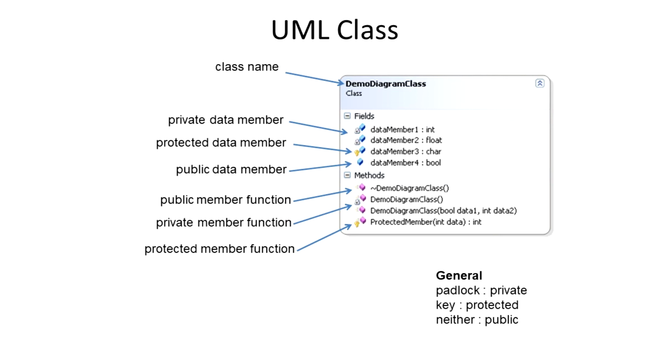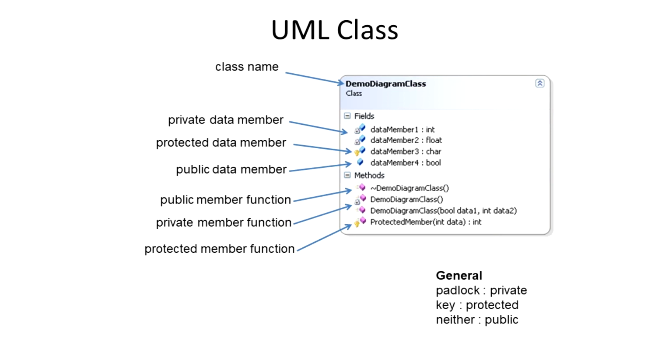And here on this slide we see an example of one. As we mentioned, the 3 sections there are the class name, the data members, and then the member functions. The only thing to mention here, I think, is the actual symbols: the padlock refers to private, the key, referring to the data member 3, the character, refers to protected, so that's the inheritance access modifier.